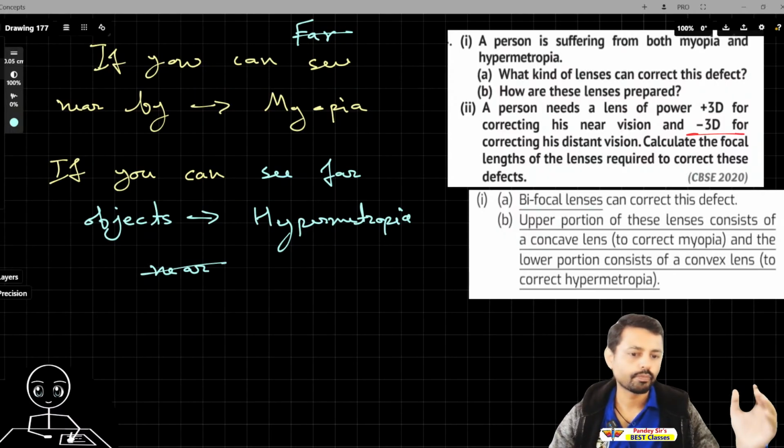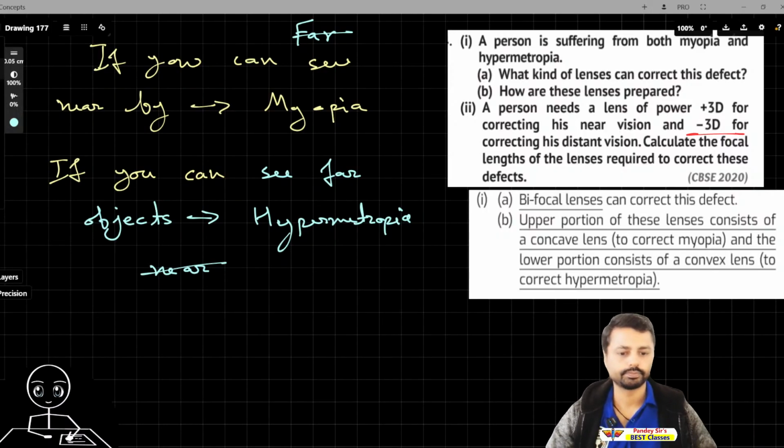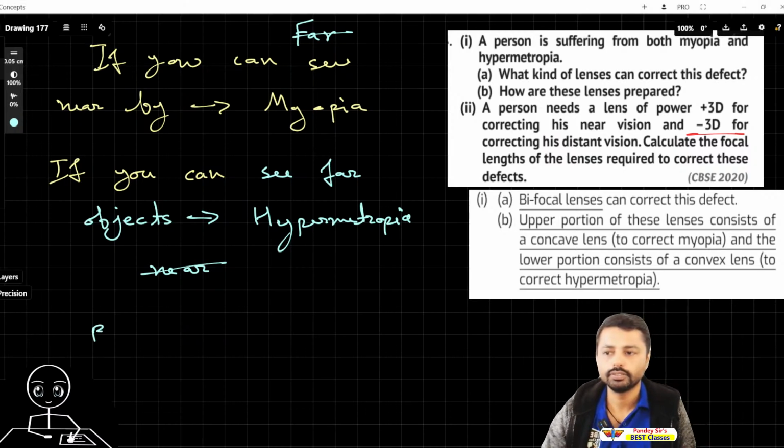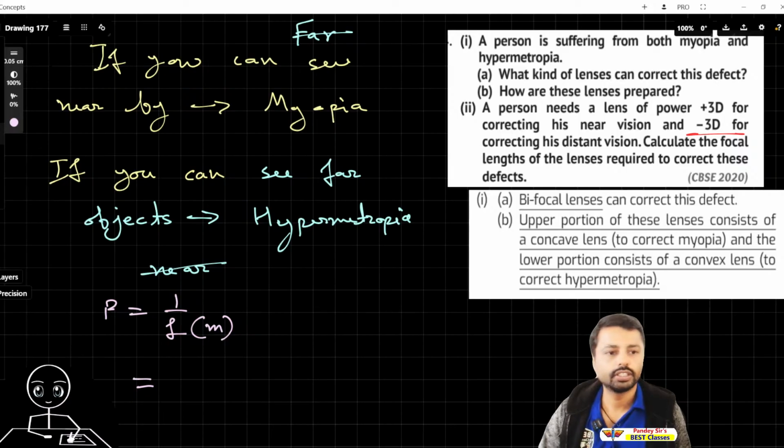P equal to 1 by what? 1 by F. We need that in D. The formula will be P equal to 1 by F. That's usually given in meter. So we got here 3 equal to 1 by F. Simply F will go there. So F will be 1 by 3.